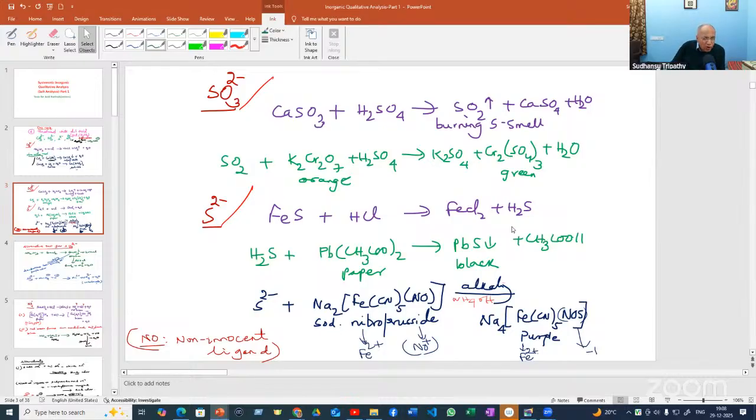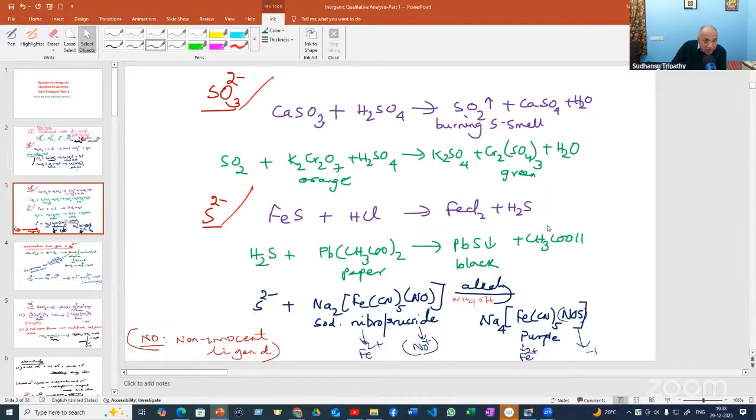Sulfide gives a rotten egg smelling H2S gas. These are all non-redox reactions, but yes, the test that you carry out sometimes is redox. For example, SO2 is confirmed by passing it through some good oxidizing agent like acidified potassium dichromate. That's a redox reaction.